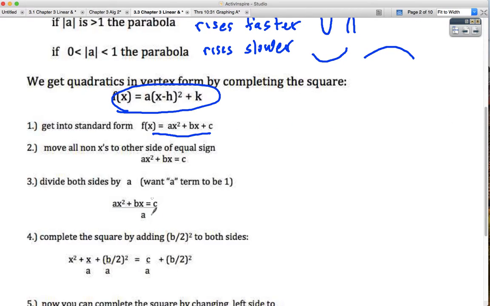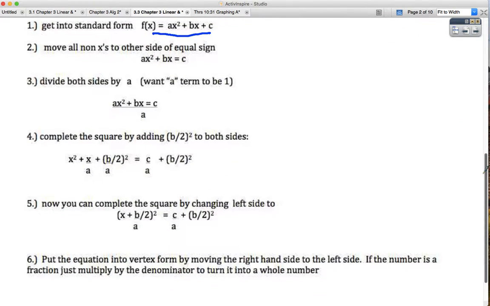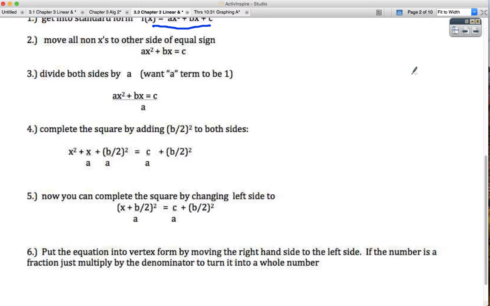So I'm not going to read through all these steps. I'm going to actually carry it out on an example on the next page. But if you read through these steps, when you're doing a transfer of a standard form to a vertex form, you can go by these steps. We've done this once before this year, so I'm sure this review will be helpful.